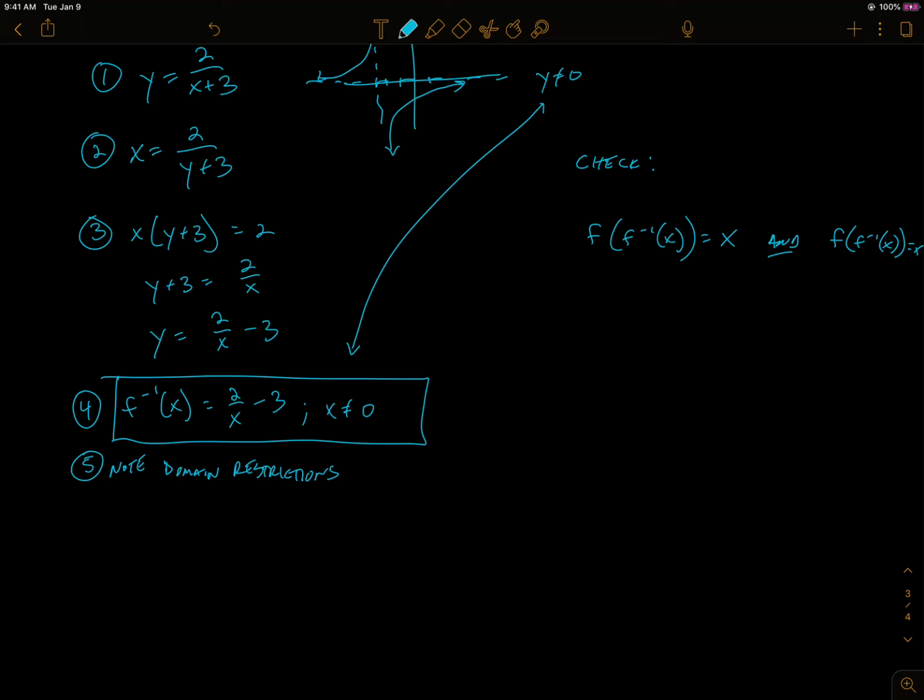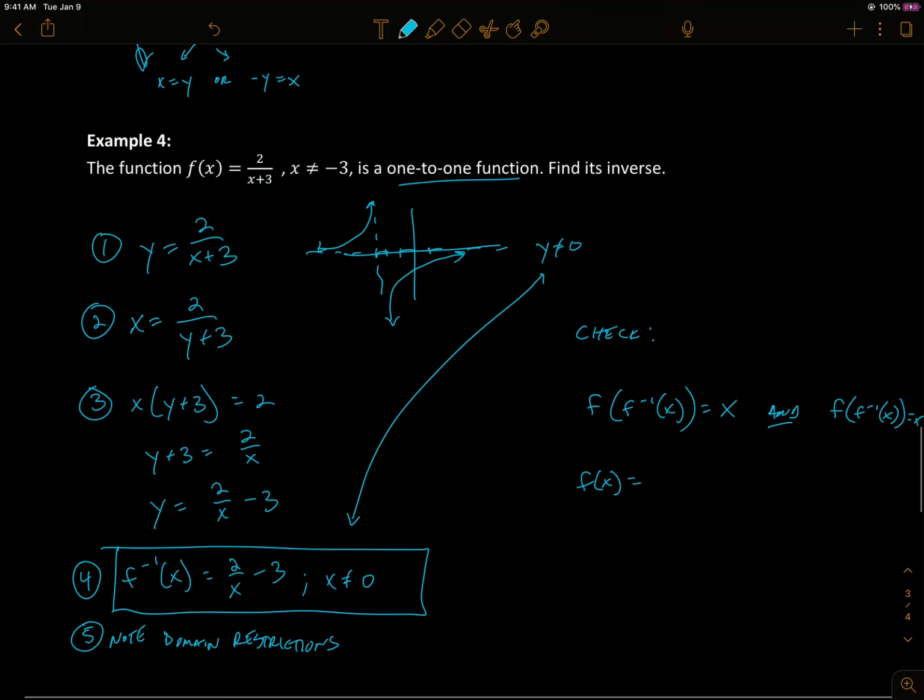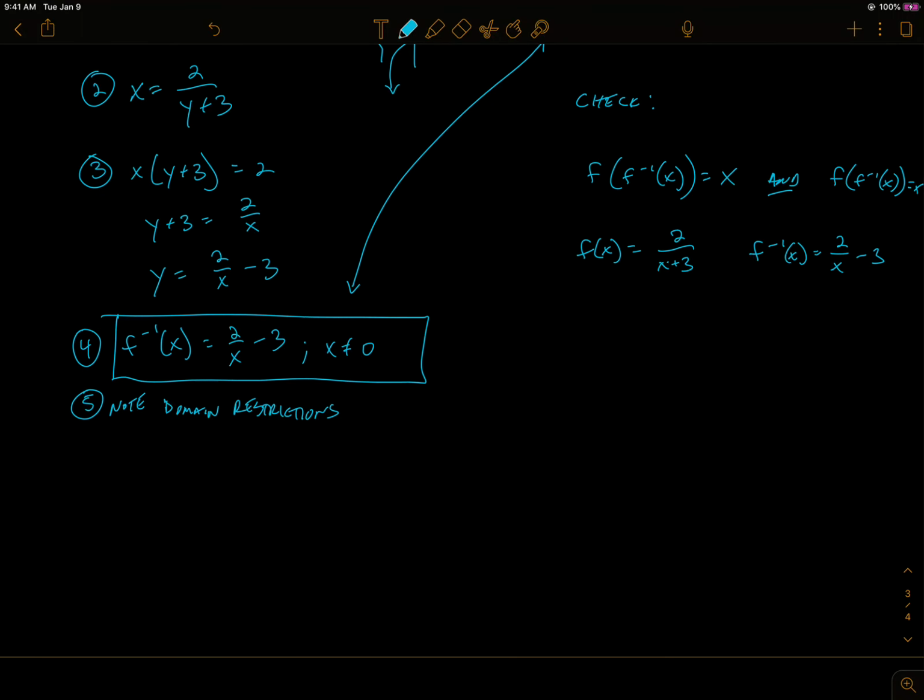This one's pretty simple how it works out. If you have your two functions, f of x equals 2 over x plus 3, and f inverse equals 2 over x minus 3, you can do the composition both ways and show that it simplifies down to simply just x.